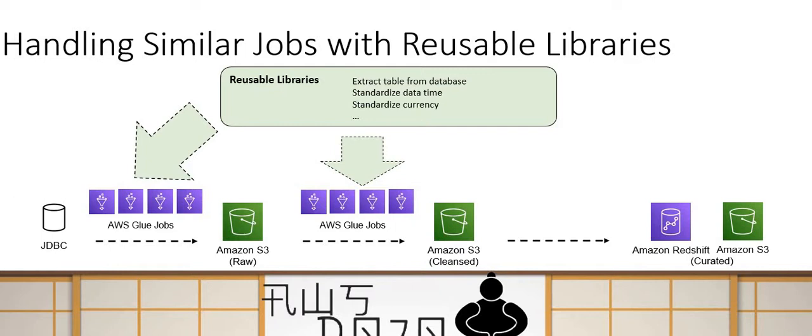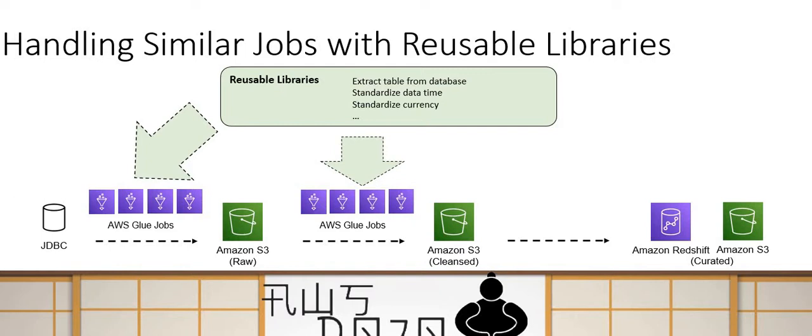If today you're using Parquet as a format and tomorrow you want to use Avro, then not a problem at all. You simply change the code in the reusable library. Your jobs will start converting your data files into Avro format going forward. So a reusable library is the recommended way to go forward.